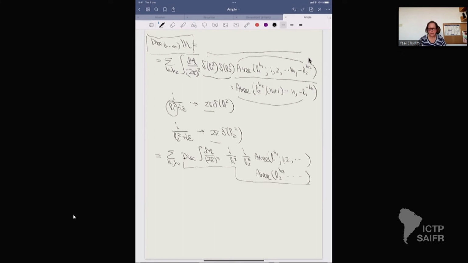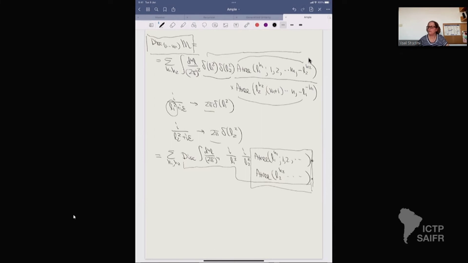Now, the reason this is a good thing to do is that here we just have the three-point amplitudes that are on shell, and we can use everything that we know about them. Whatever things we used in order to simplify and obtain these guys, we can use at this point.